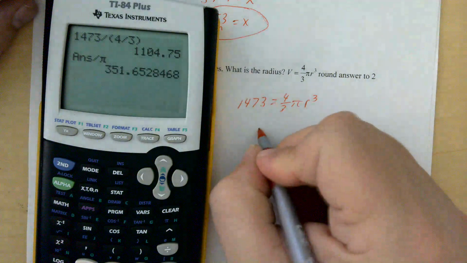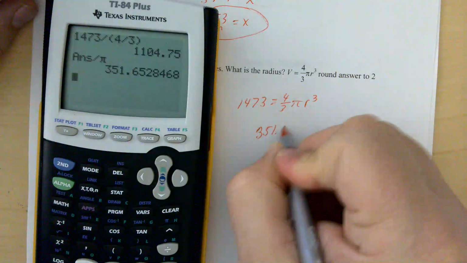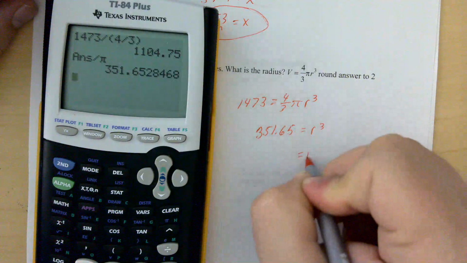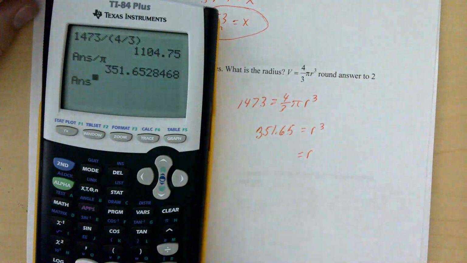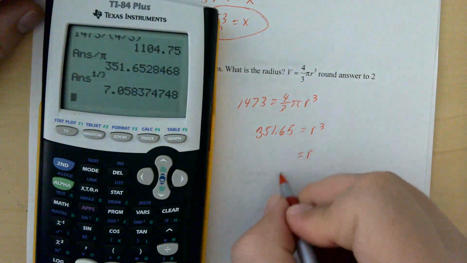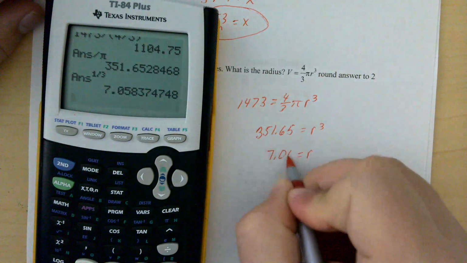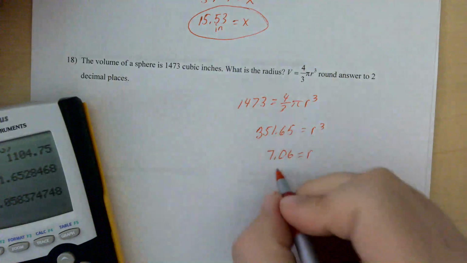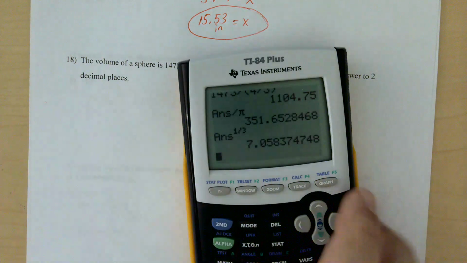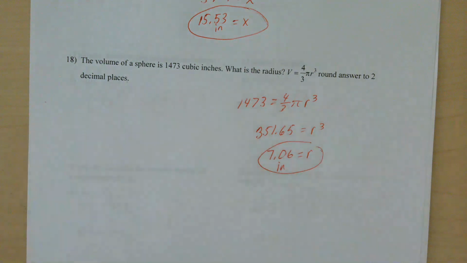Okay, so I'll write this. It's 351.65 something equals r cubed. Your last step then is to raise to the 1/3, or take the cube root, and you're going to get 7.06, and it's inches. Okay, so 11 minutes to do this quiz.